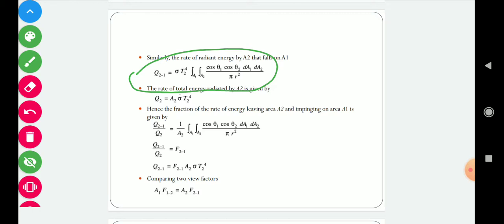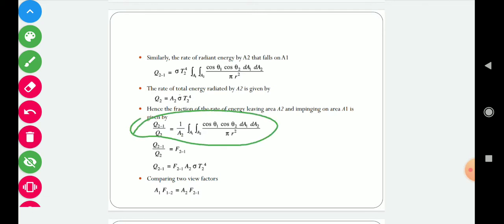And similarly this Q2, the rate of total energy radiated by A2, is given by this one. If we want to calculate the shape factor, we divide these two equations, and this division is called its shape factor. This is the fraction of the rate of energy leaving area A2 and impinging on area A1. So we can write finally this form.